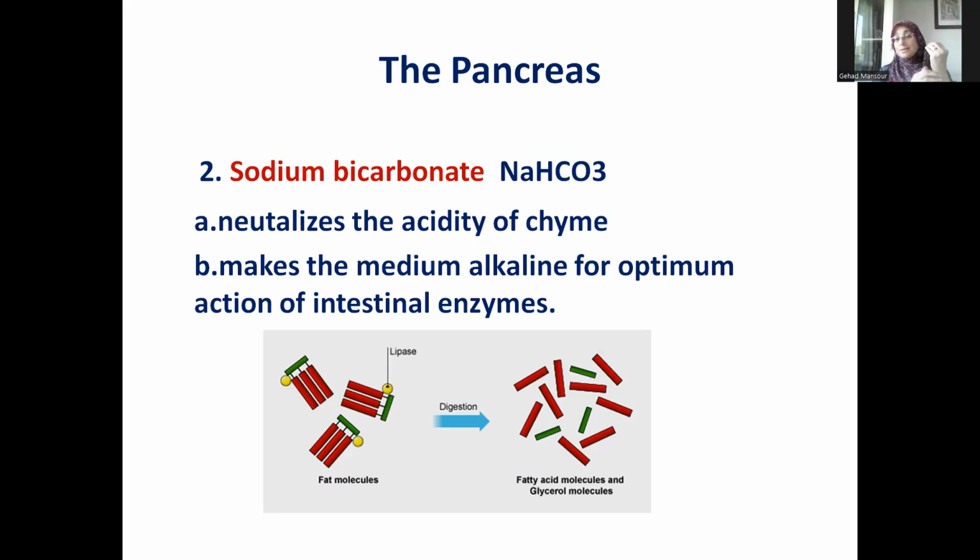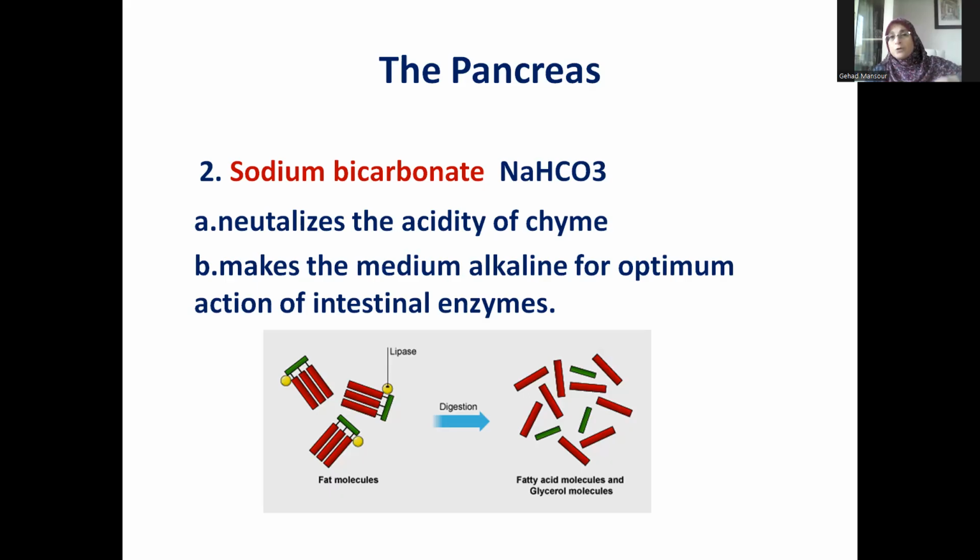Chyme is strongly acidic, and the small intestine is not prepared to receive such an acidic juice. That's why the pancreatic juice with its sodium bicarbonate helps neutralize the acidity of chyme first, and then provide the optimum alkaline pH for action of all the pancreatic and intestinal enzymes that work in the duodenum.